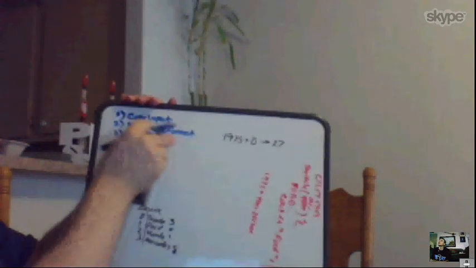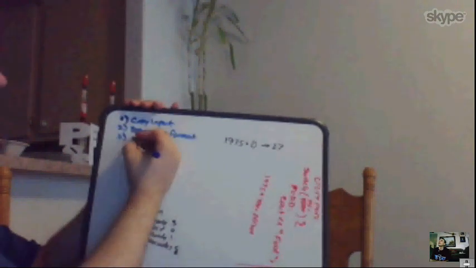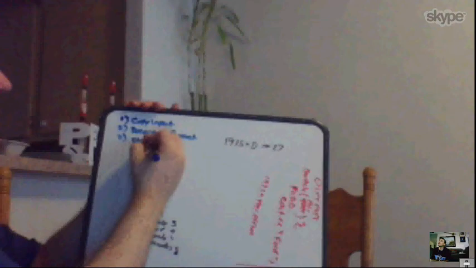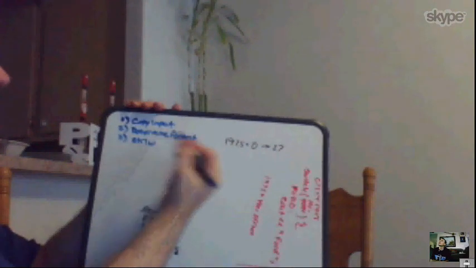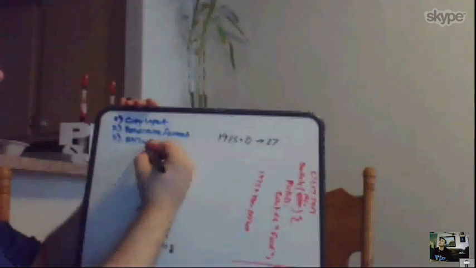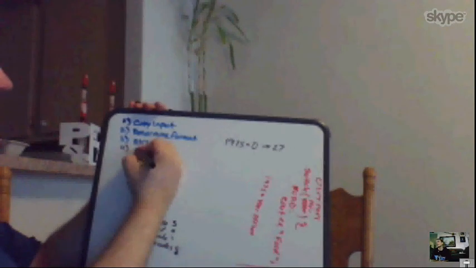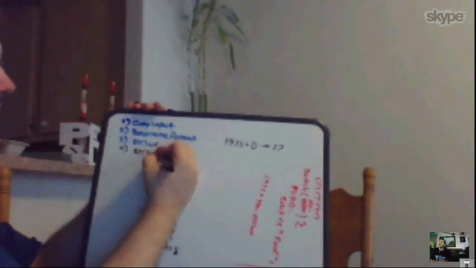Yeah, copy the input because we have to be able to return what the original input was. Okay. And then number 2, determine the format. String lower. Then string token. String token, right?